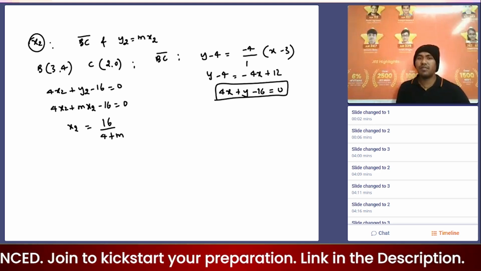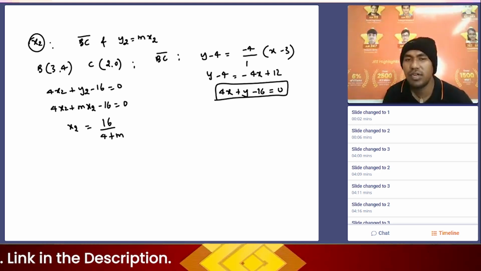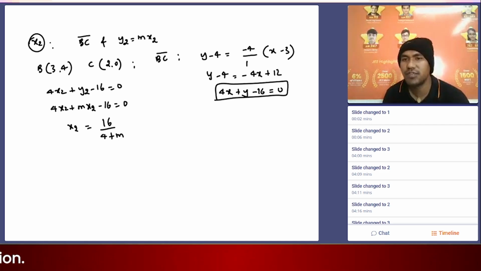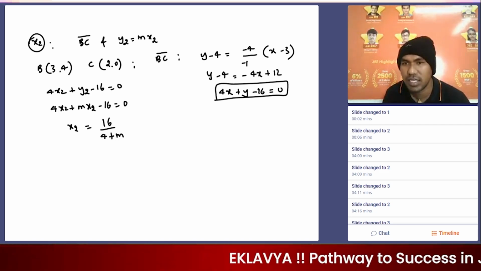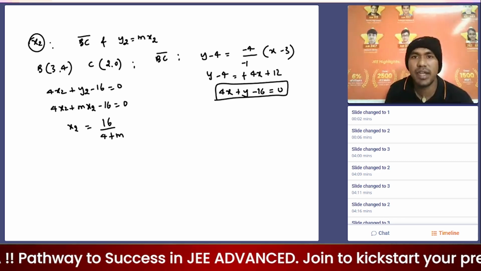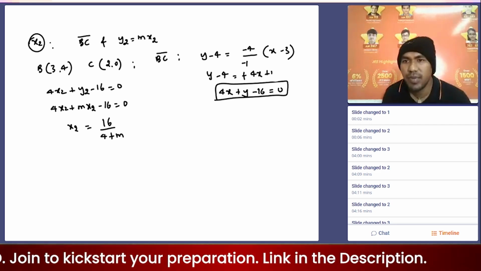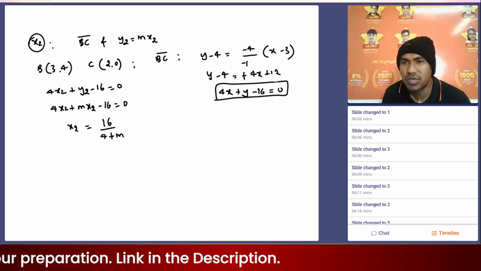This is going to be the value of x2. Take (3, 4) and (2, 0). Then y minus 4 equals 0 minus 4 upon 2 minus 3. Here you will get the negative, then it will become positive and then negative again, so it will become plus 12.